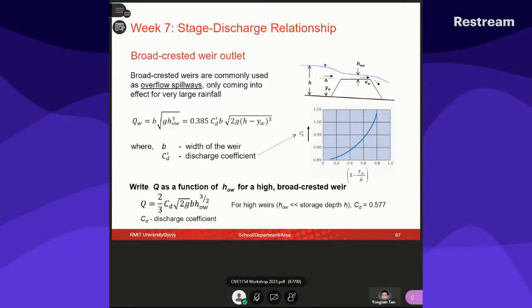In the previous slides there are two equations used, but the results could be similar. So when you attend the final assessment, use the equations provided in the final assessment paper.